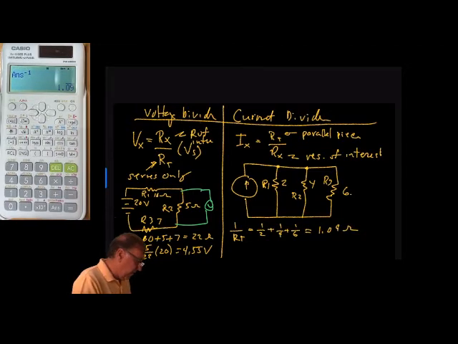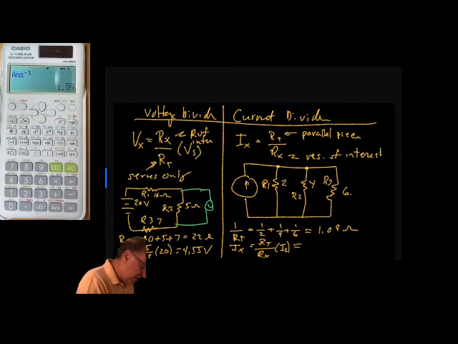So then we could solve for the current now. Ix is equal to RT over Rx times IS. I sub s, that's our formula.